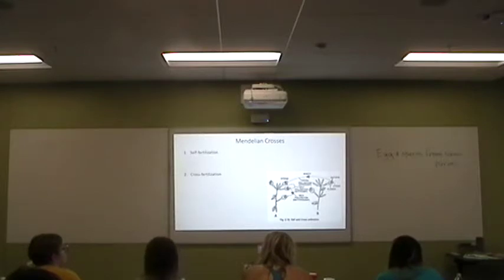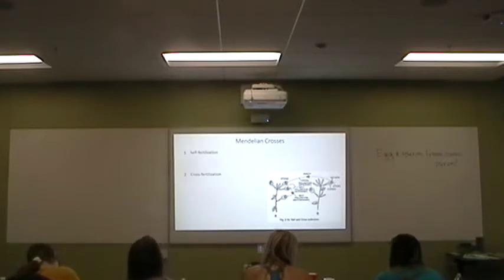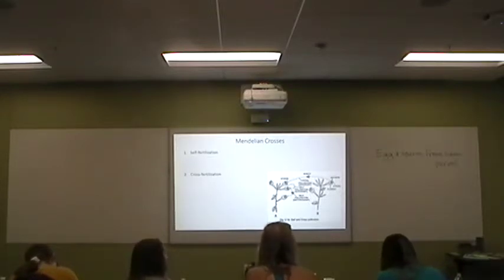In self-fertilization, we actually have 2 gametes. So we do have an egg and we have a sperm. Is every offspring going to be identical to the parent? No. Right, so if this self-fertilizing parent is a heterozygote, they could have offspring that are homozygote dominant, heterozygote, and homozygote recessive.